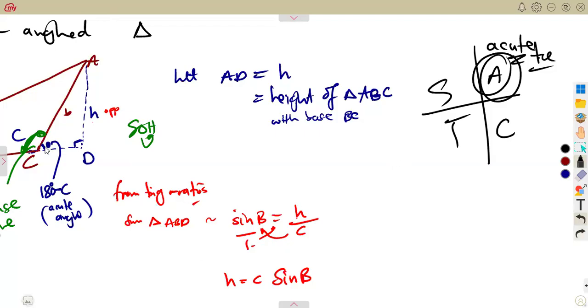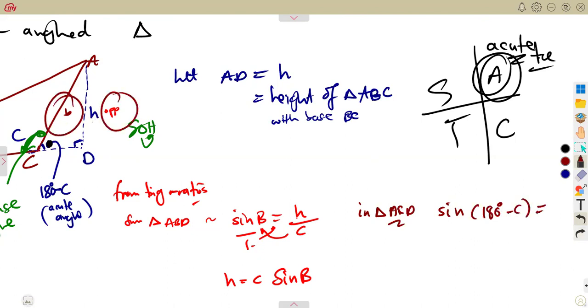As you determine the ratio of this angle, which is in the right angle triangle ACD, we are going to see that the sine of 180 degrees minus C is equal to the opposite over the hypotenuse. In that case, the hypotenuse is B, opposite to the 90 degrees. So that is opposite, which is H, over the hypotenuse, which is B.